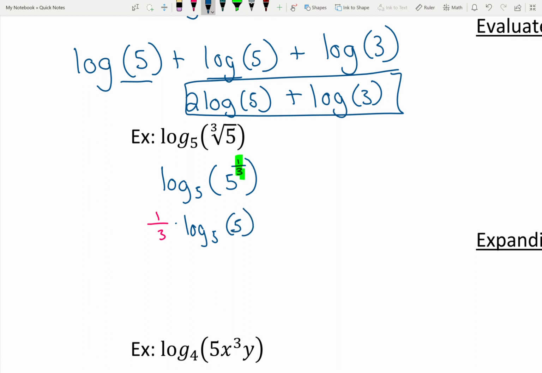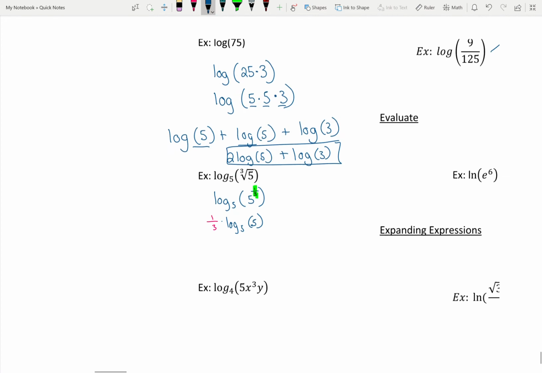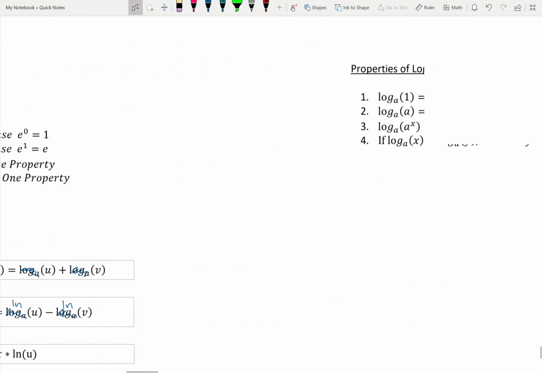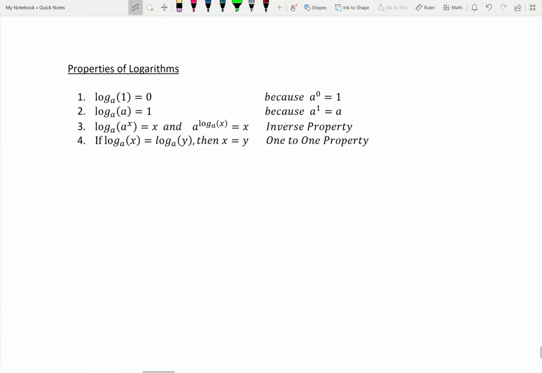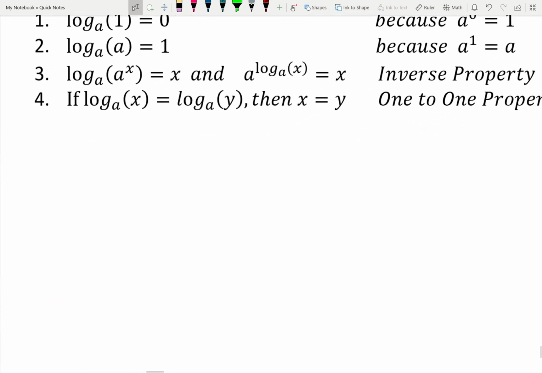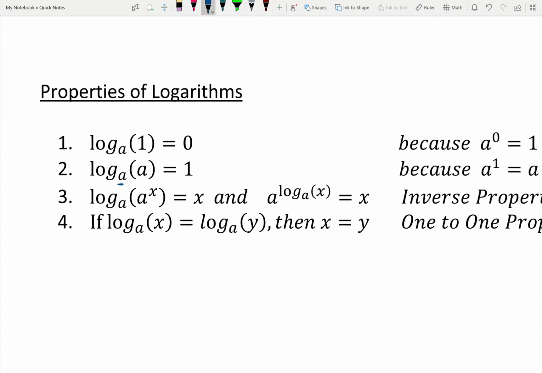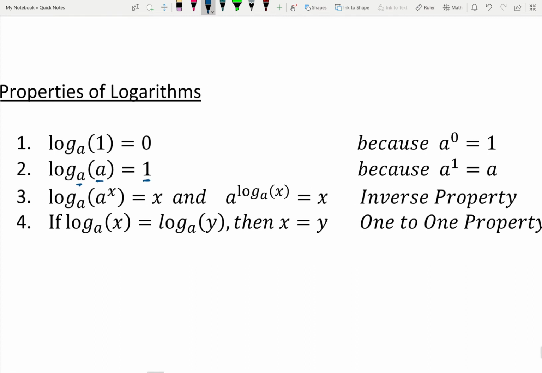But the other thing is this. If I have log base A of A, this whole thing will equal 1, because A to the first power is equal to A. So we have log base 5 of 5.